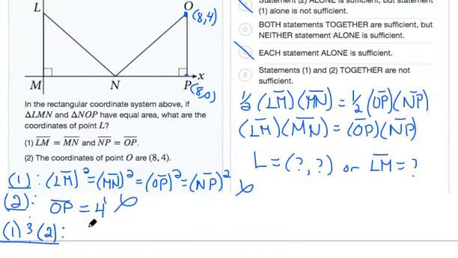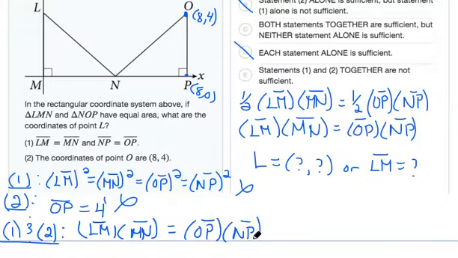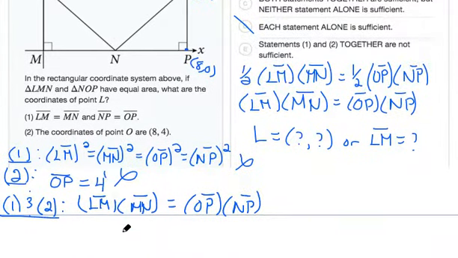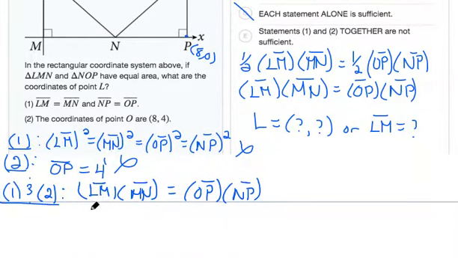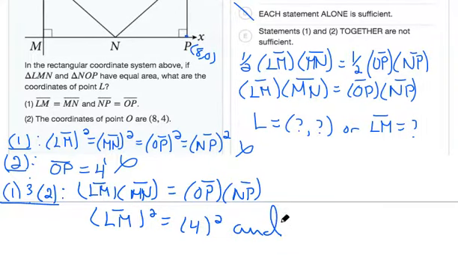Since LM times MN equals OP times NP, it follows that LM squared equals 4 squared. And thus we can conclude that LM is equal to 4.